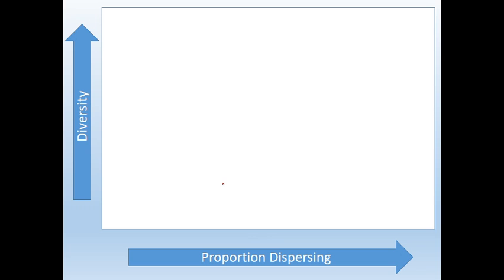Now, I don't really want to get into the math about it, but there are some really interesting things that we can see based on that value A, which is that proportion dispersing. What I'm talking about is what proportion of the community is actually dispersing.